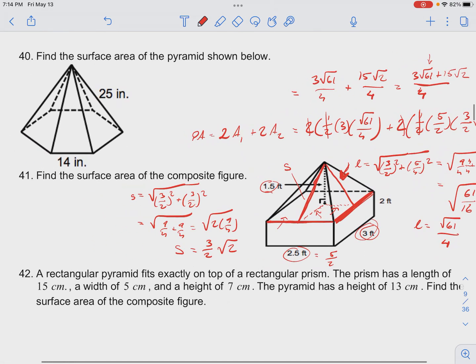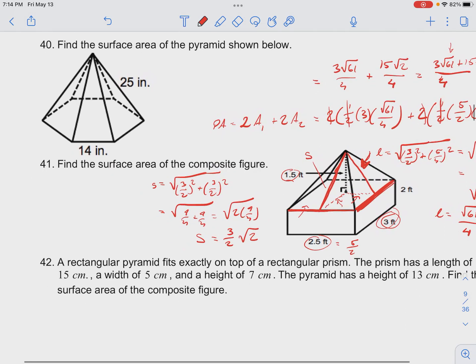What's left is the lateral area of the base rectangular prism. So that lateral area is given by twice the area of this front rectangle, because we have that in the front and in the back. So that'll be 2.5 times its height, which is 2. So that's 5 halves times 2, which gives us 10.